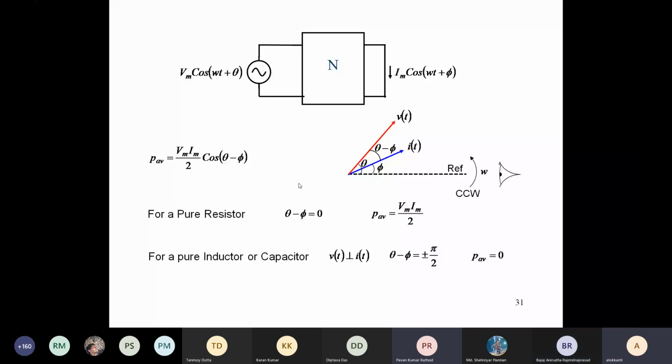So you see, for an AC system, this is the average value of power, Vm Im by 2 cos of theta minus phi, which is the relative angle between the voltage and current. And these are the ideal cases of a pure resistor or pure inductor or capacitor, which generally will not happen, but just for the sake of mathematics, this will be the situation.